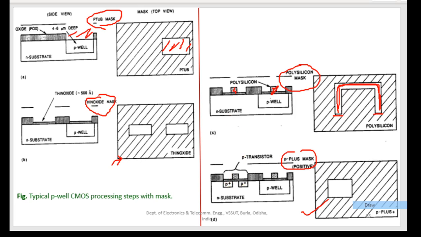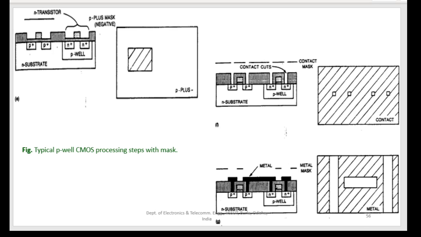Okay, and this P plus mask negative will be used for forming the N plus regions. Okay, so earlier it was P plus mask, now this is P plus mask negative. It means this is blocked and all the rest of the area is open.